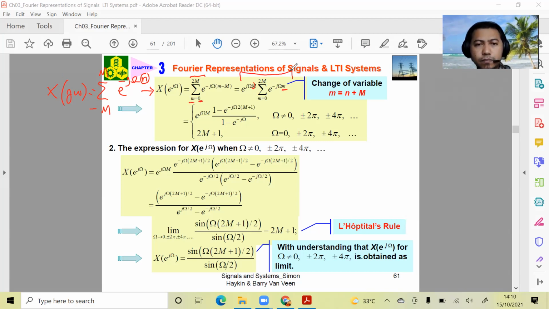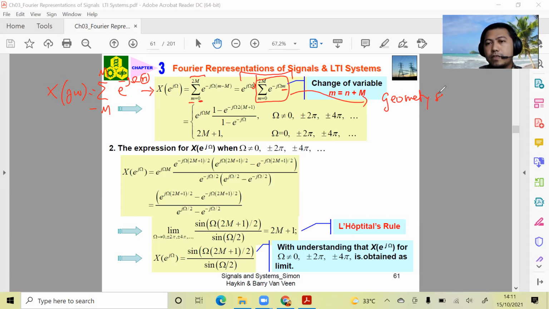If you remember, this expression is a geometric series, something like this.